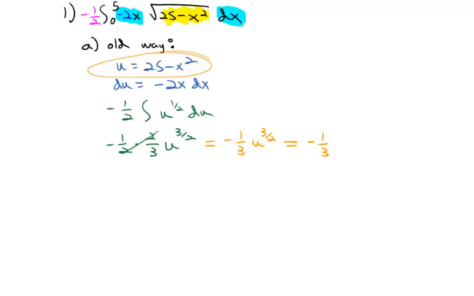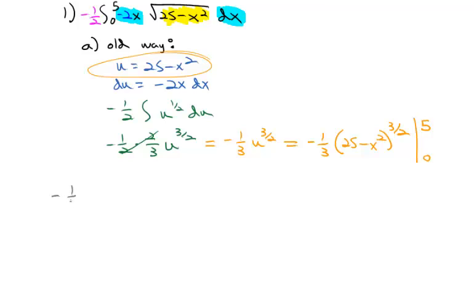So we have negative 1/3 times 25 minus x squared to the 3/2 power. And now that we've gone back to x, we can evaluate it from 0 to 5. Now those limits come back. We couldn't use those limits with u because they were talking about the x's. But now that we have the x's, we can talk about them again.